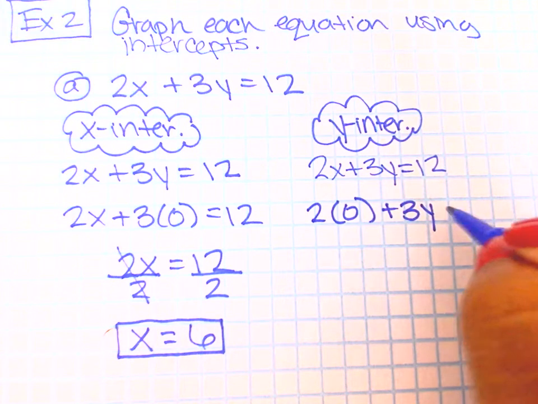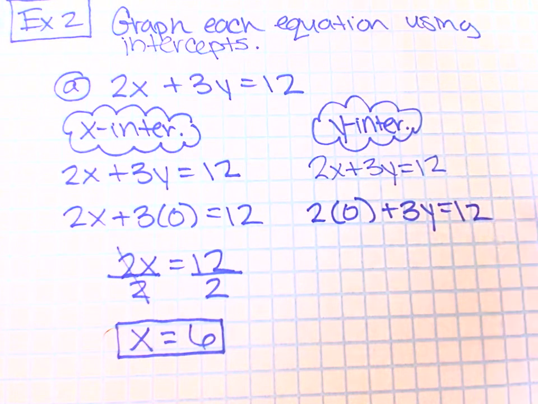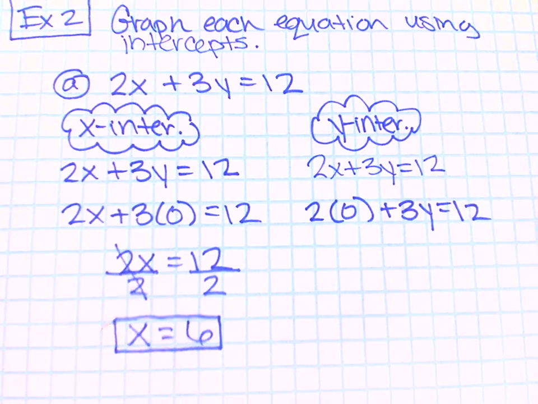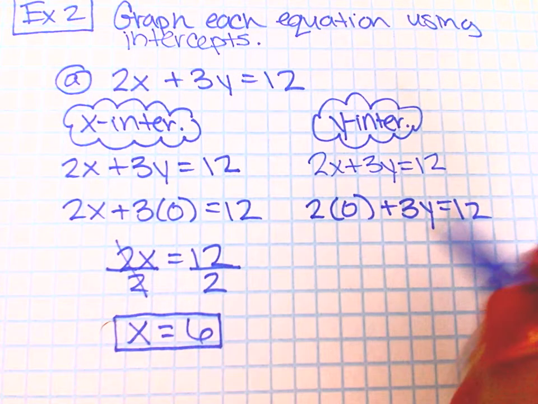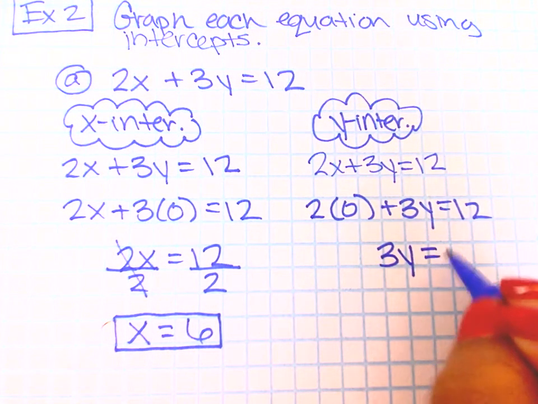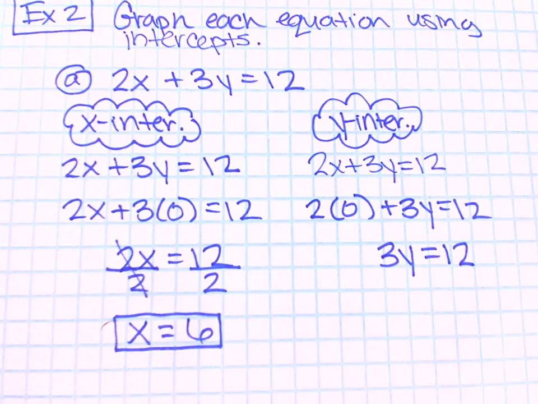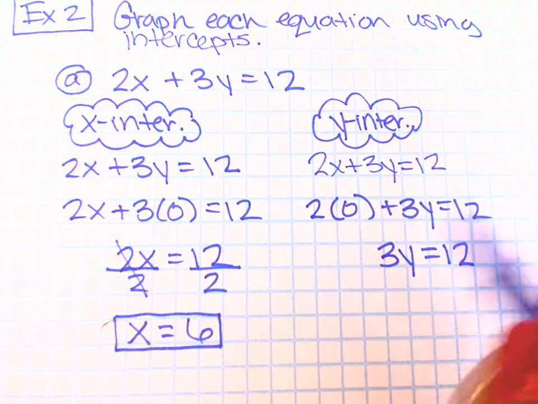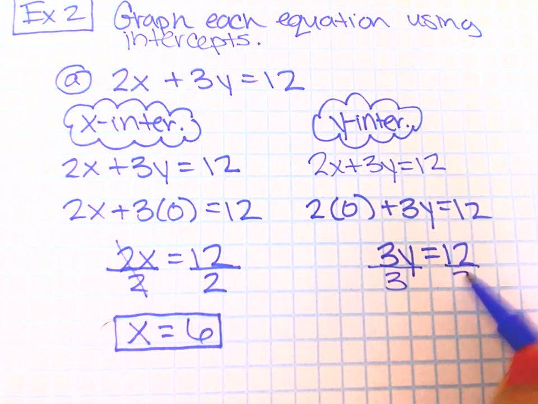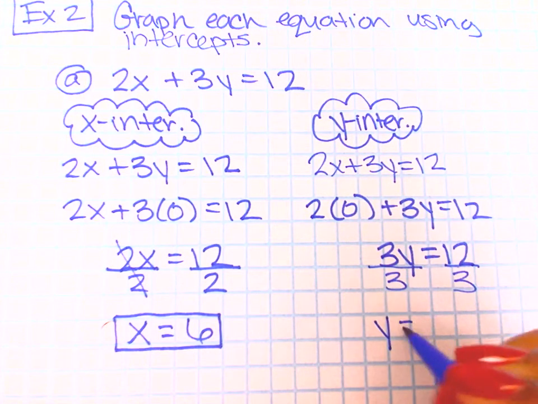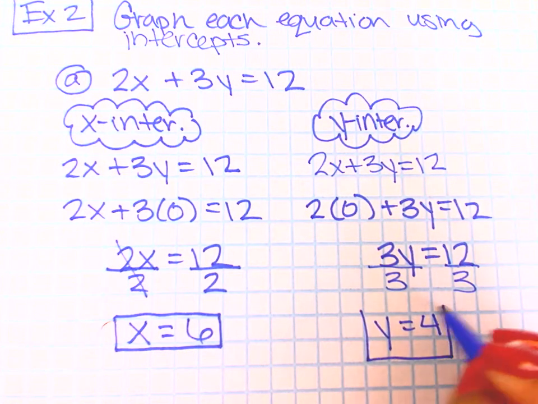Goodness, I can't speak today. So I replace x with 0. 2 times 0 is 0, so I'm left with 3y equals 12. Because 2 times 0 is 0. That's gone. Now I isolate the variable. I divide by 3 on both sides. Y equals 4. 12 divided by 3 is 4.